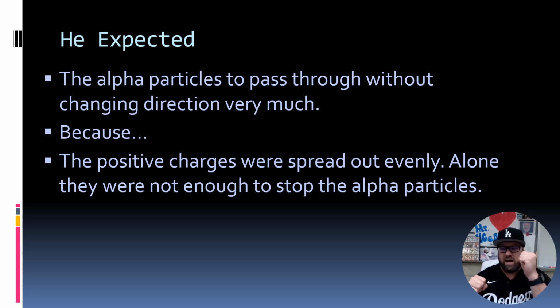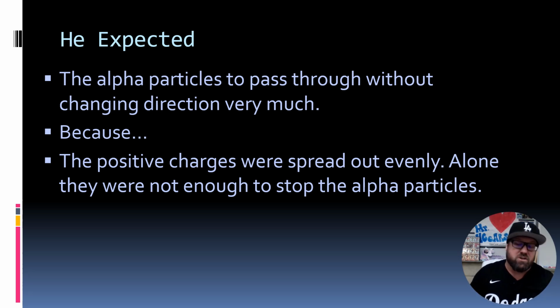Remember, if you're a positive particle, you're attracted to negative, but you repel or you bounce off of other particles. So if you have an alpha coming this way and there's a really strong positive area, you should deflect or you should bounce back and repel off of another positive.